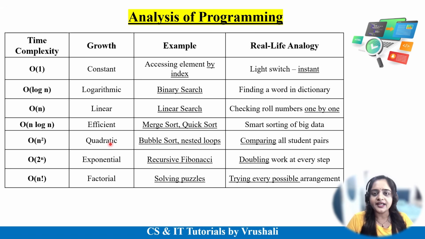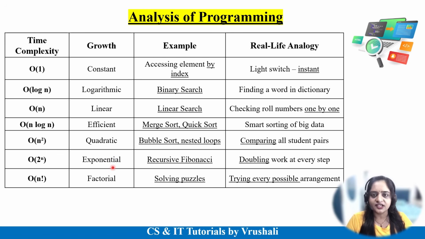For these quadratic algorithms, the time complexity is big O n square. In the first loop it goes from start to end, and in the second loop again from start to end, that is up to n and n. So n into n equals n square, which is called big O n square.